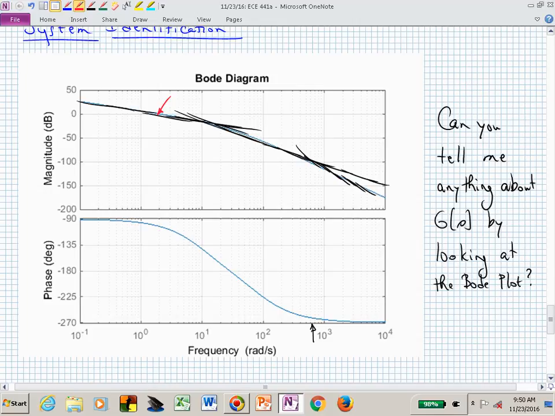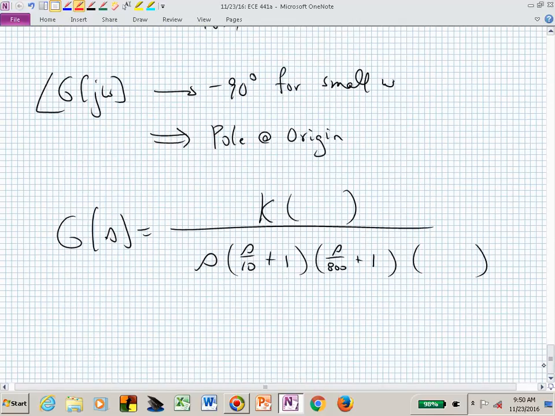And now the only thing working at that frequency is this guy. So at low frequencies, we could say, what's our G of j omega, or G of j omega in dB? And if it's at the crossover, it's 1, isn't it?